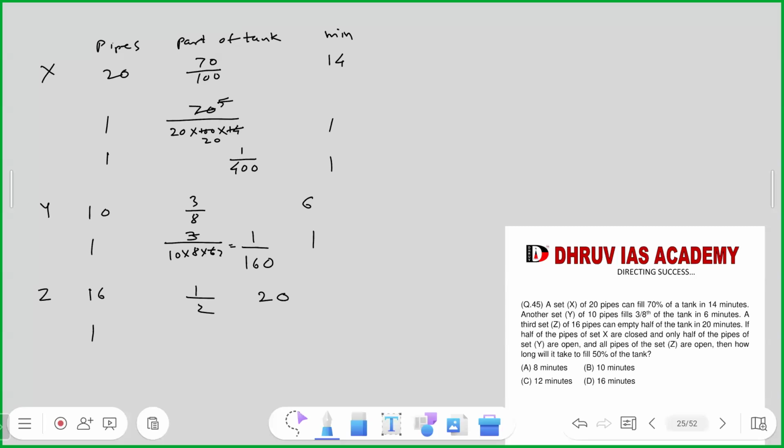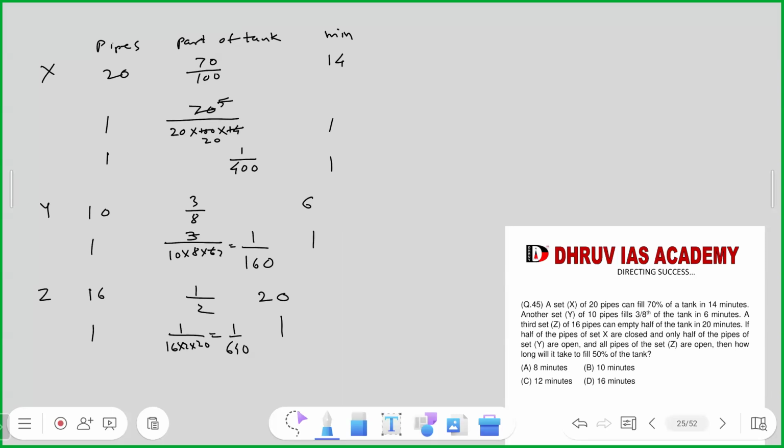So one pipe in 1 minute will be doing 1 by 16 into 2 into 20, that is 1 by 640. Okay, so X is doing 1 by 400, Y 1 by 160, Z 1 by 640.